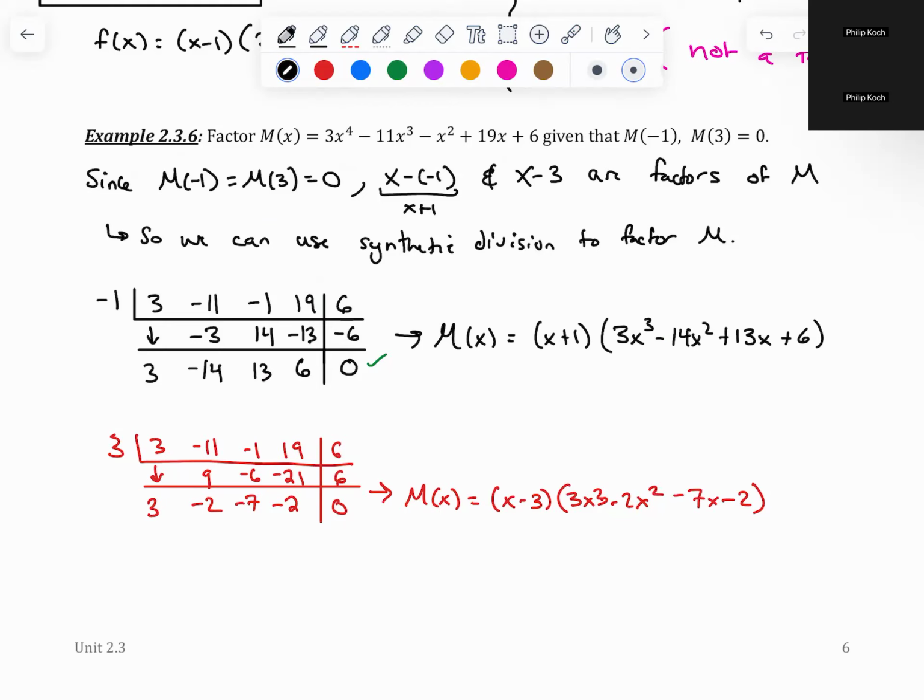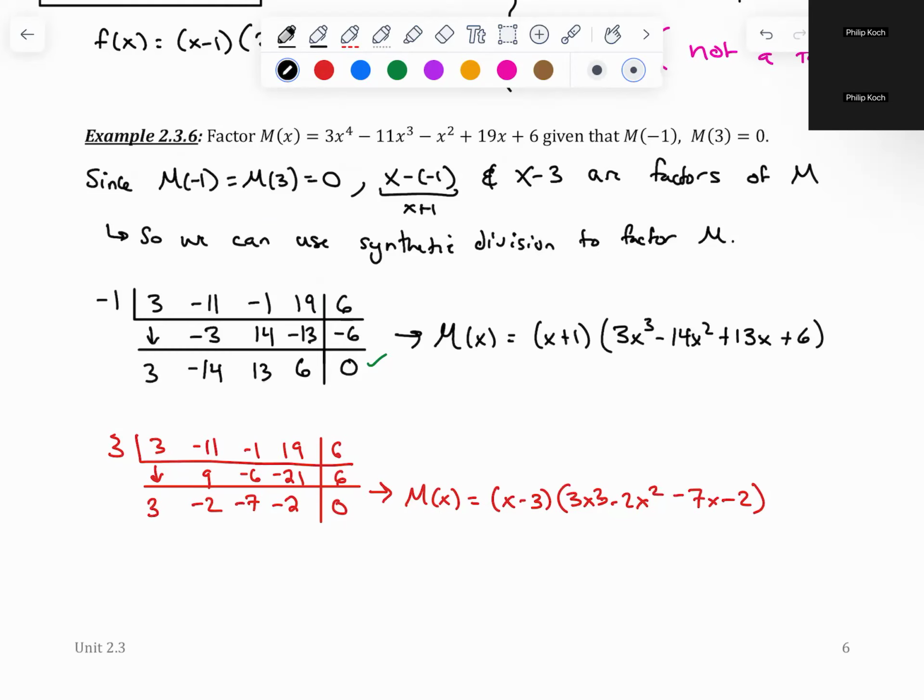Now, typically when this problem shows up for students, they do this step properly, and then they try to do it with 3 again, but with m of x again. But that's just going to give you another way to write out m of x as a product of two factors. That doesn't help us break it down any further.